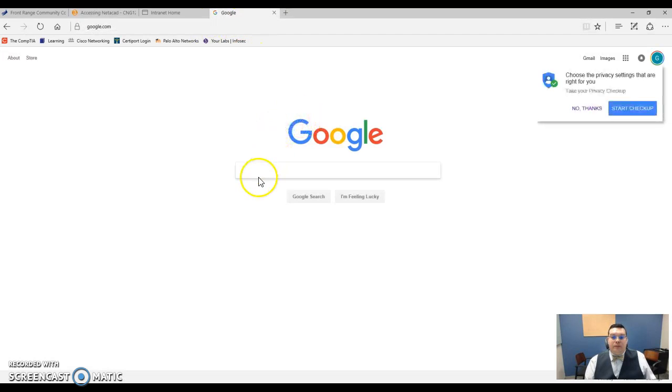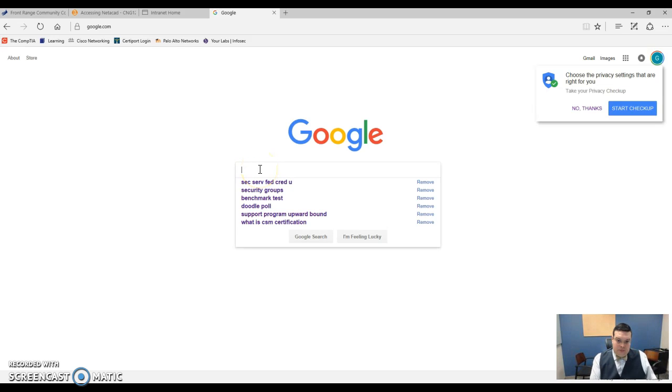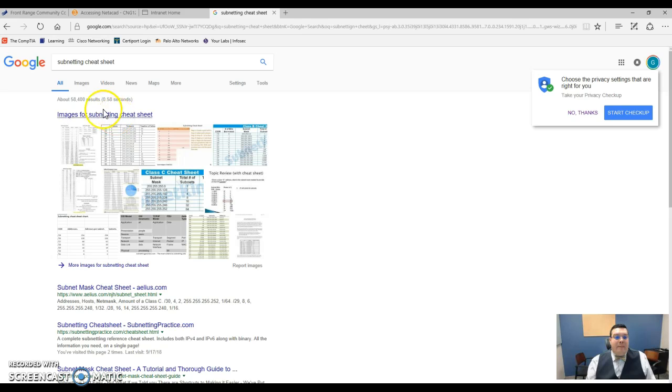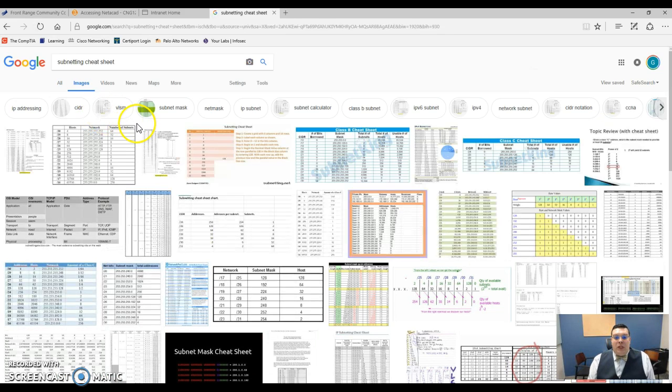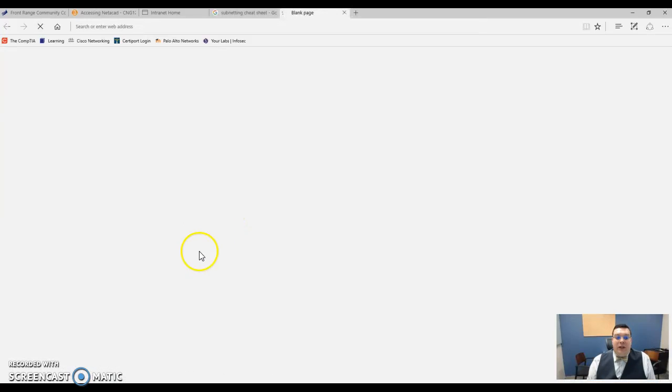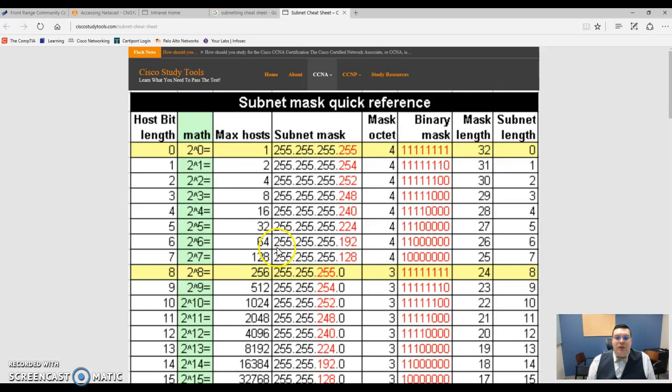Google, subnet cheat sheet. And some of these cheat sheets are good, and some of those are bad. And all I say is they take some learning and deciphering, especially when you're starting out.